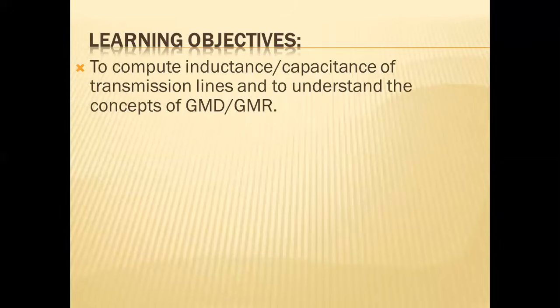Once we plan to erect a line, to decide the distance between the conductors, which in turn decides the structural design of the line supports, and to decide the height above the ground level, we should have an approximate calculation of the inductance and capacitance values, because inductance and capacitance will be affecting the operational performance of the transmission.